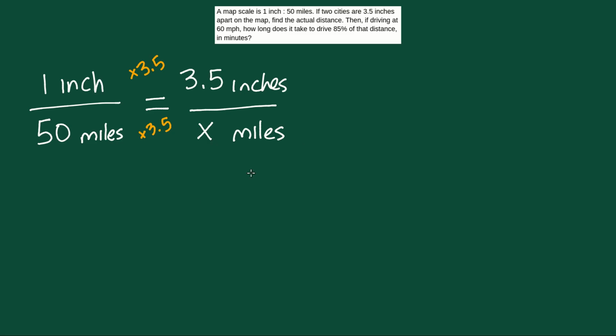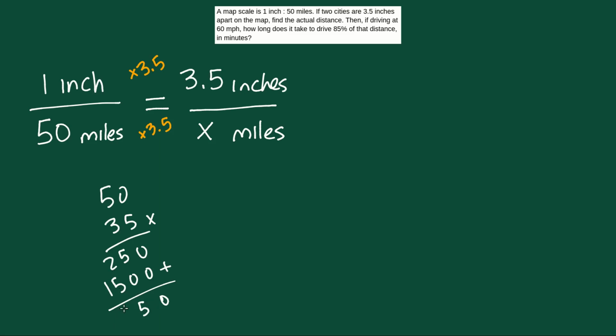So 50 times 3.5 would be 0, 2, 5, 0, 15, and we add that up, 0, 5, 7, and 1, with 1 decimal place, because it was originally 3.5. So x is 175 miles. So the two cities in real life would be 175 miles apart.